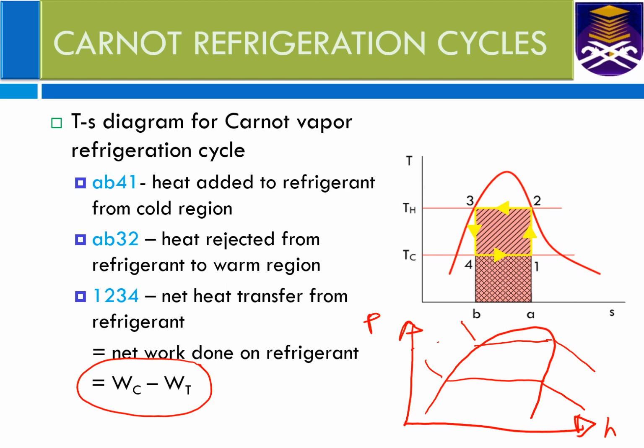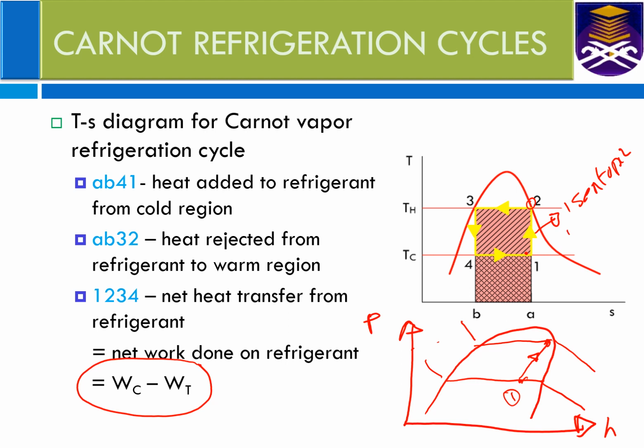As for the temperature entropy diagram from state 1 to state 2, and for the pressure enthalpy diagram from state 1 to state 2. Okay, so in the temperature entropy diagram from state 1 to state 2, the process is isentropic.